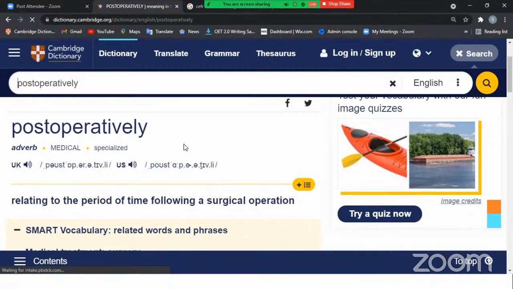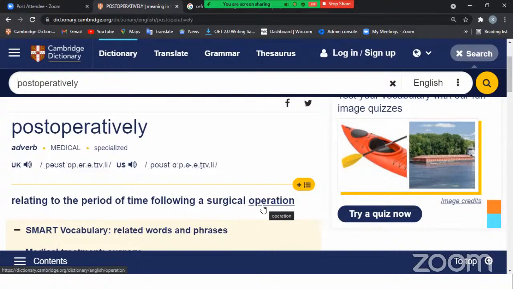So be careful. Relating to the period of time following a surgical operation. So this period of time is following an operation, that means after operation. Following means after discharge.